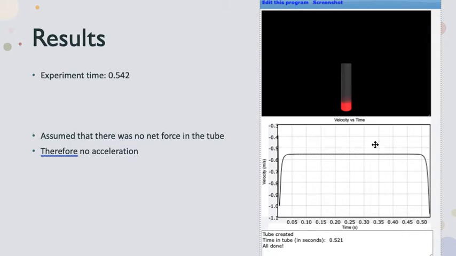We assume that there was no net force on the magnet within the tube because the force from the magnetic flux canceled out the force of gravity, and therefore there was no acceleration. Once it came out the bottom of the tube, the velocity returned to what it was at the beginning.